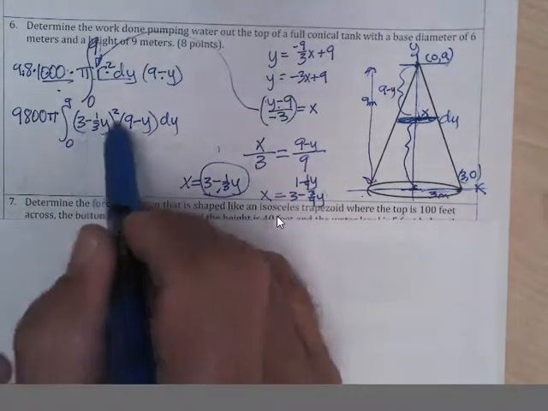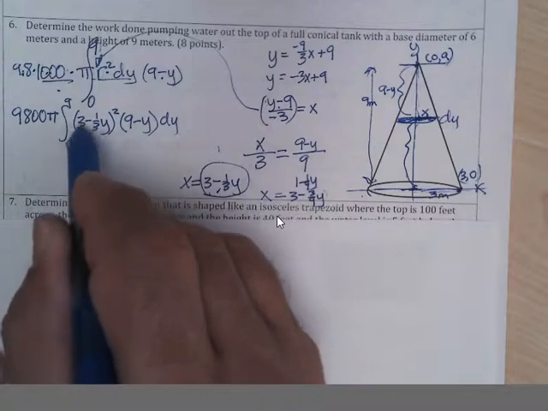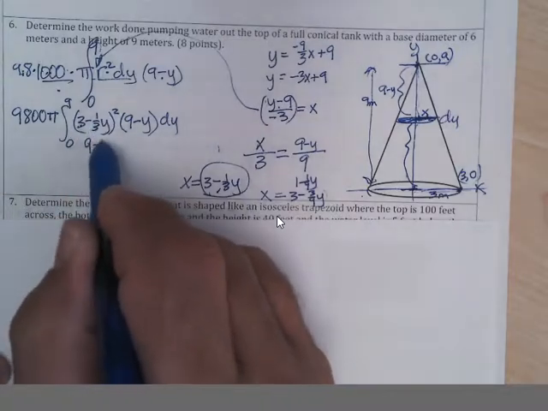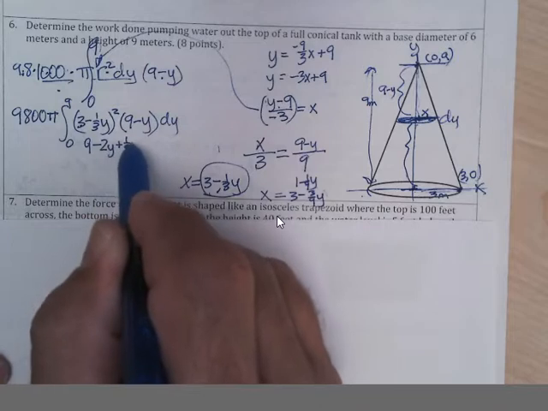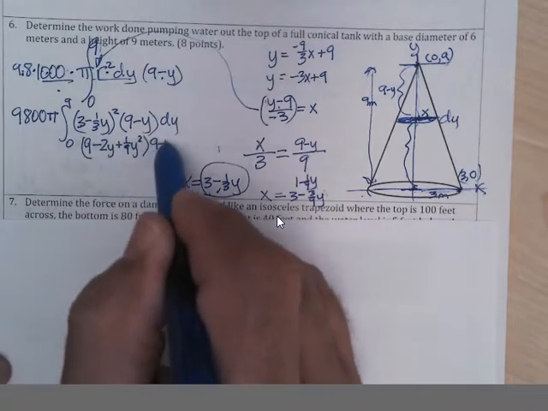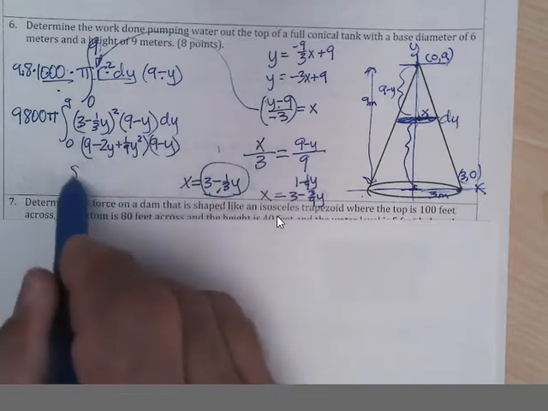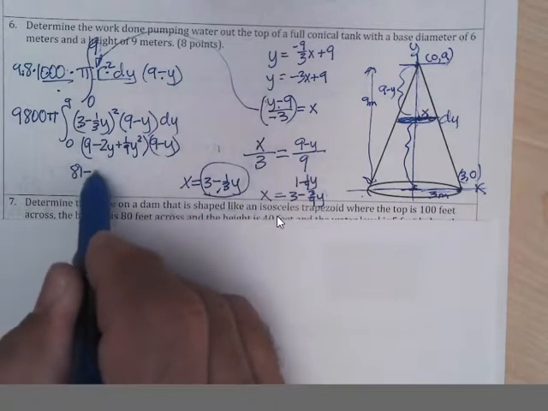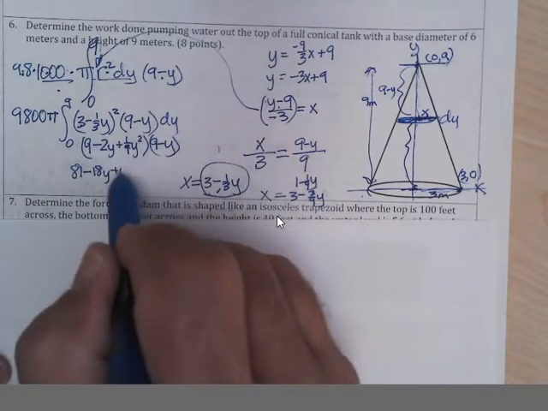I can integrate this. This would be 9 minus 2y plus 1/9 y squared times 9 minus y, so I'd have to take 9 times all of these, which would be 81 minus 18y plus y squared.